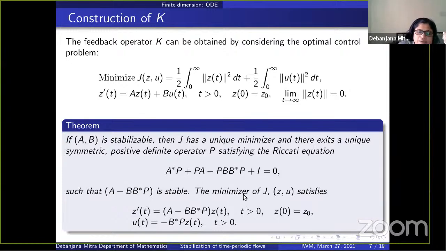And not only that, the minimizer of J, that's the minimizer's trajectory, if I call it by Z and U again, then Z will satisfy this closed loop system A minus B star P Z(t), whereas the control U(t) can be determined by minus B star P Z(t).